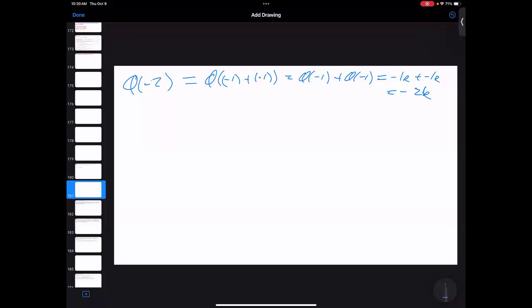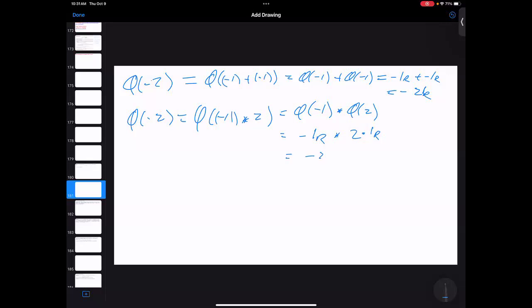We could also do phi of -2 is phi of -1 times 2, right? Which is phi of -1 times phi of 2. And if we do it like that, then this is negative multiplicative identity times 2 times the identity, which is just going to be -2 times identity.